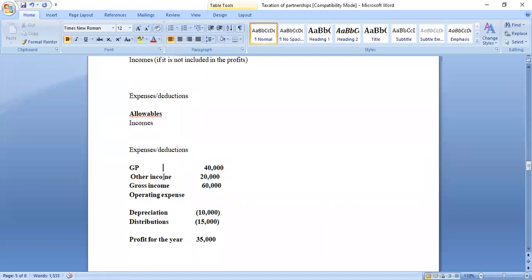If you find exempt incomes were part of the figures to come with the profit, assuming our exempt income is this one, the other income, now this has become exempt income. It's part of the figure, and that's why you have the profit of 35. And we're saying this figure here, the 20, is not supposed to be there because it's an exempt income for tax purposes. You come and less it, so it qualifies to be under allowables, less allowables.